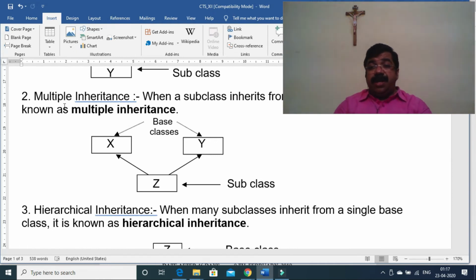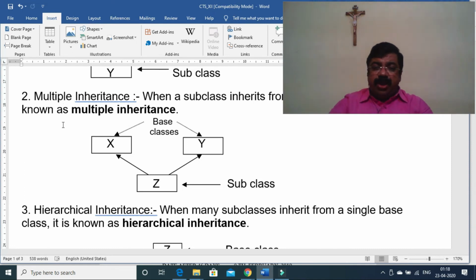We have two base classes and one derived class. This is the model of multiple inheritance. But remember one thing, this multiple inheritance is not part of our Java, it cannot be represented in our Java, but we have certain other methods for implementing that, which we will see.